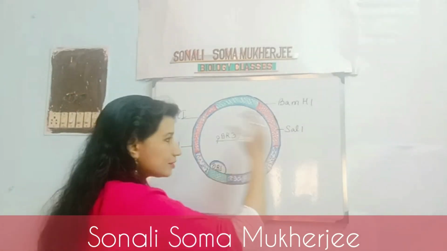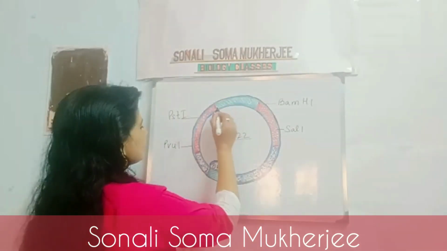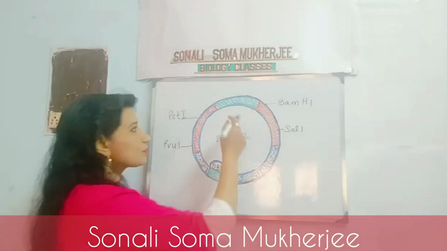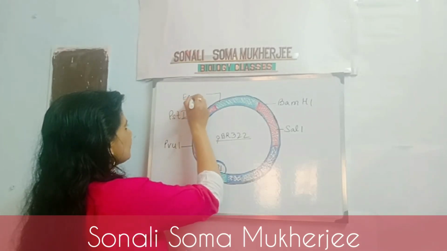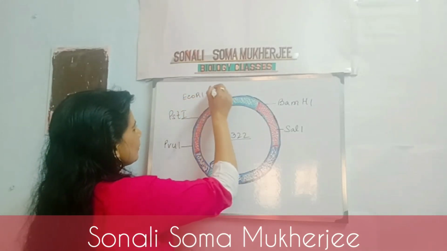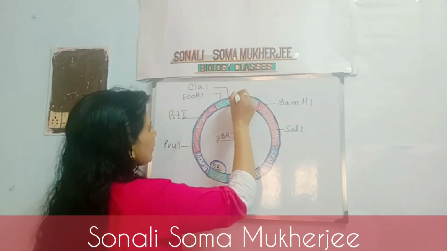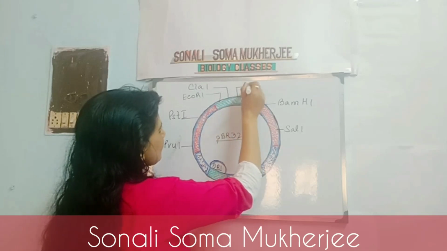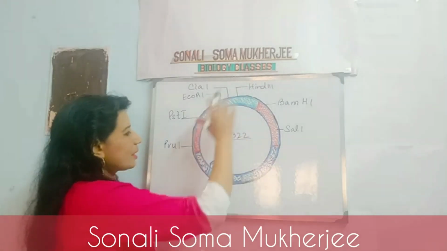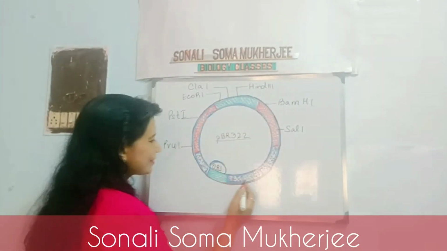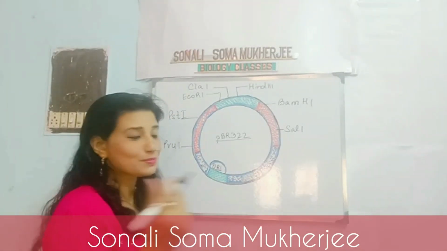And other than these, there are some other restriction endonucleases also found in this part, so that you can distinguish where these are found. These are EcoRI, then ClaI, and another one is also there, that is HindIII. Another one is also there. Yes, there is a multiple choice in this case.